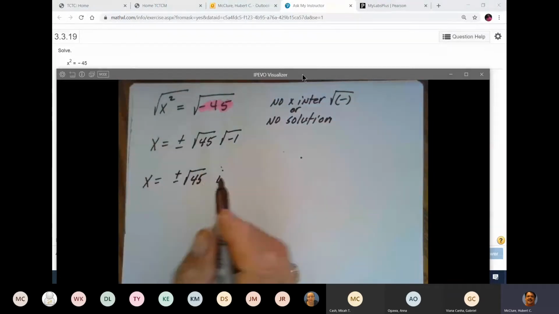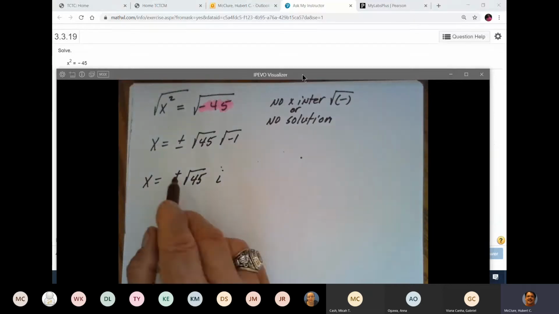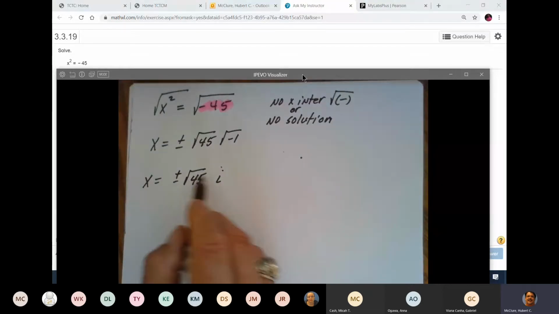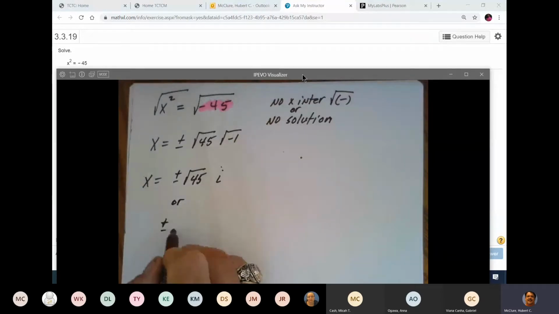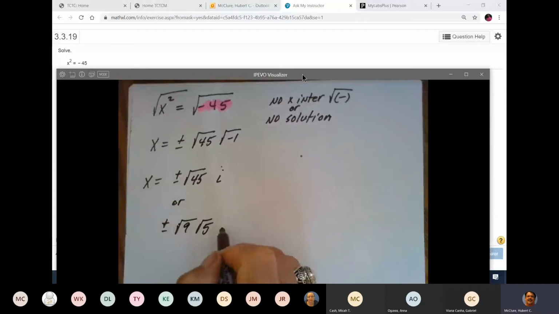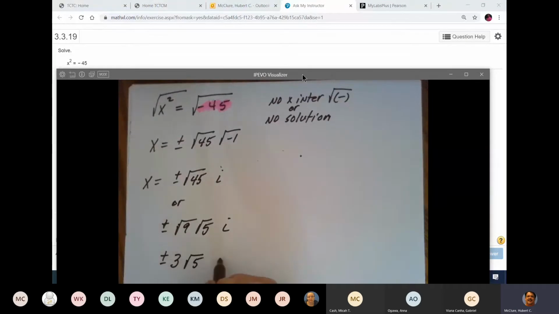Now, some will want you to say positive or negative I, square root of 45. Or they may want you to break down the 45. Positive or negative 9 times 5 times I.